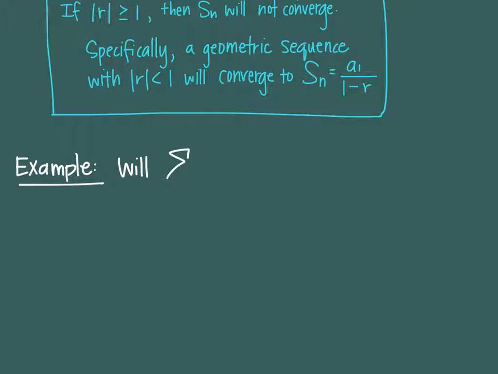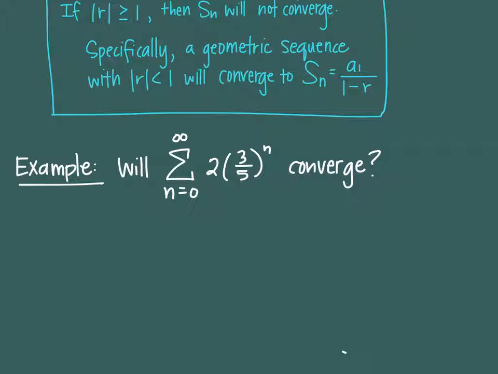All right, so will the summation starting at 0 this time, going to infinity, of 2 times 3/5 to the n converge? Well, just by looking at it, can you tell what the multiplier is?